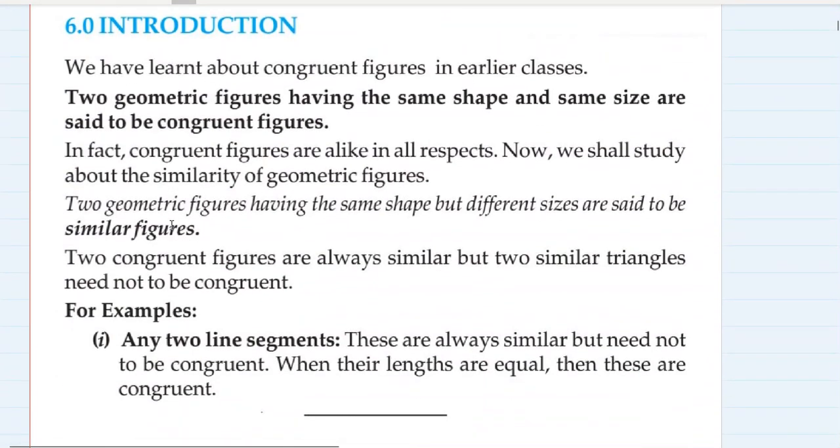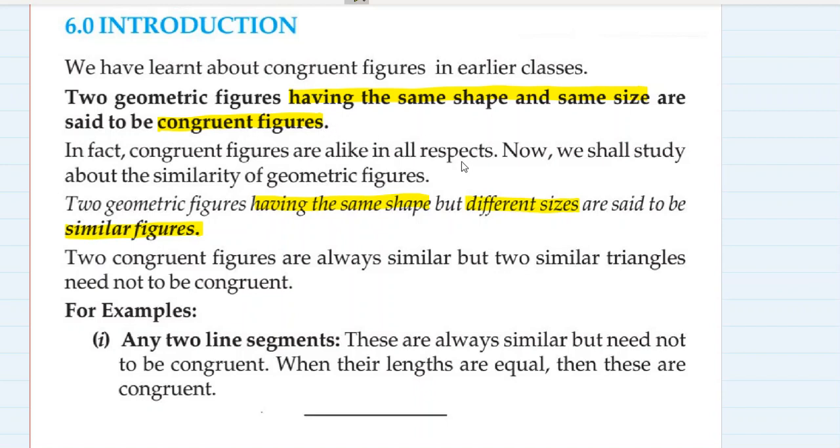Now, in the introduction of this chapter, we separate the ideas of similarity and congruency. The congruent figures have the same shape and same size, but similar figures have the same shape but different sizes. They are known as similar figures. Congruent figures are alike in all aspects.